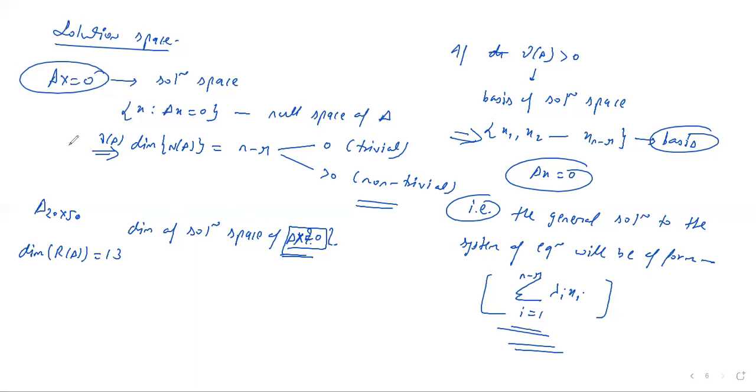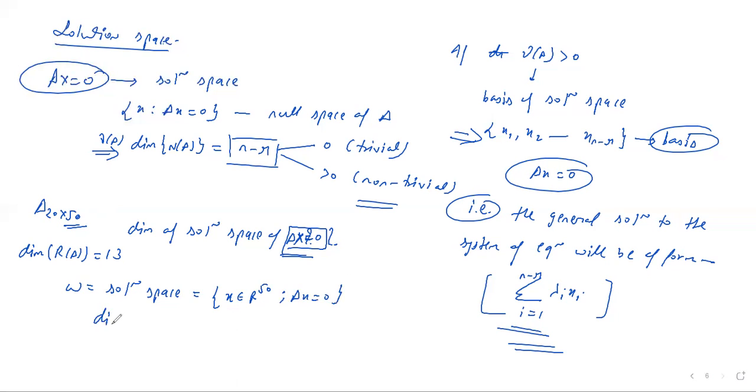We have just seen that the dimension of the solution space of Ax equals 0 is n minus r, that is, the nullity of A. Let W be our solution space. That means all the x's belong to R to the power 50, that is the number of columns, the number of unknowns, for all Ax equals 0.